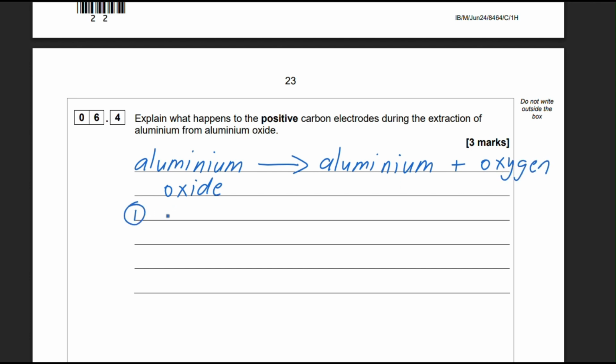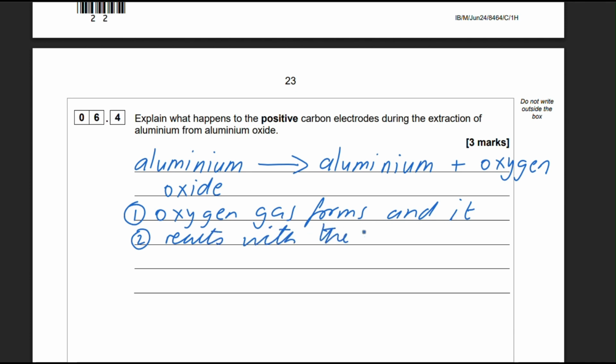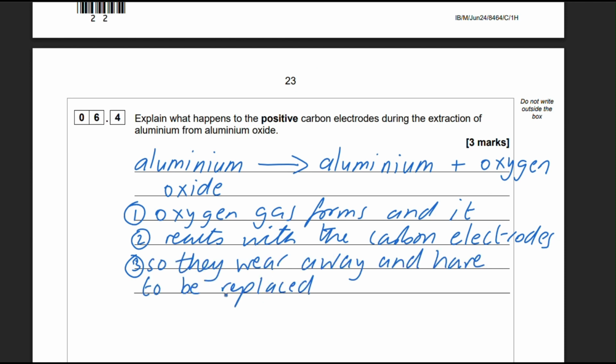So the first thing that happens is oxygen gas forms, and this is your second mark, it reacts with the carbon electrodes. Because it reacts with the carbon electrodes, those carbon electrodes gently wear away. So you have to renew and replace those carbon electrodes. They wear away and have to be replaced, and that will give you your 3 marks.